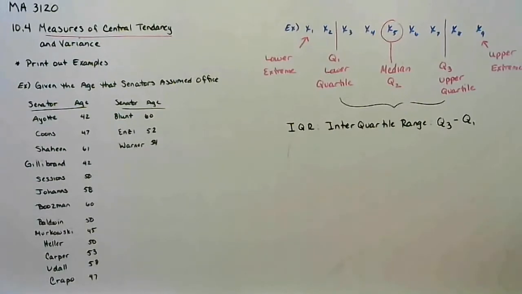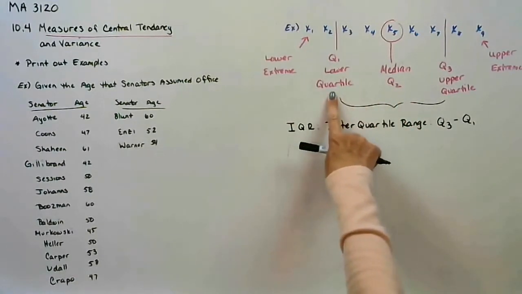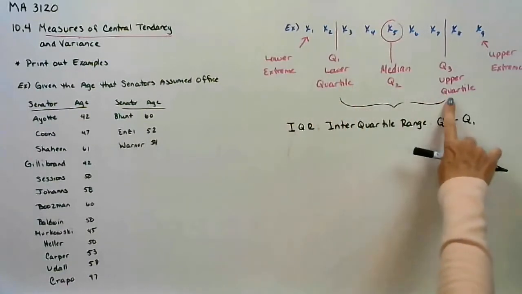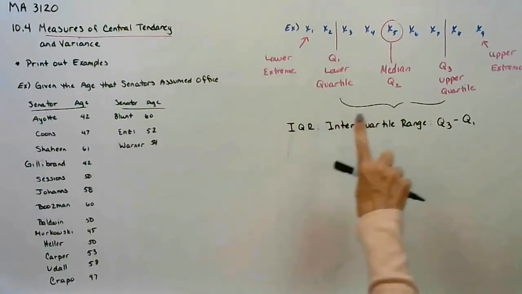We just want to find the median, our lower quartile. So we want to figure out our middle point. Then we want to figure out the median of the lower half. We want to figure out the median of the upper half so that we can determine our interquartile range. All right? So I'm going to sort of leave this up here so that we can sort of mimic this.